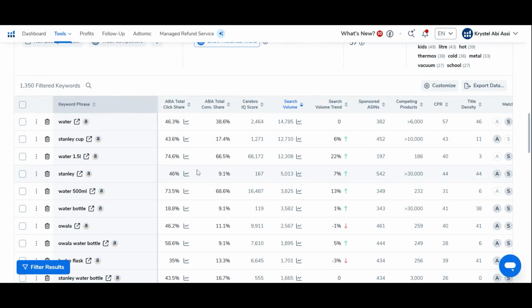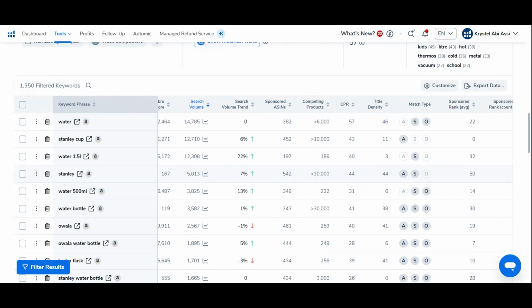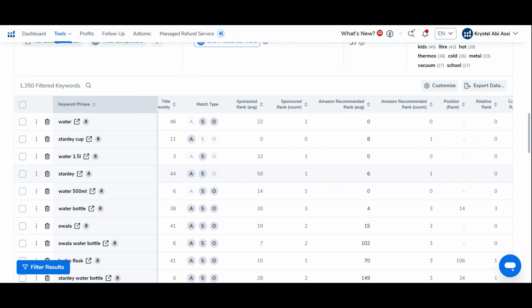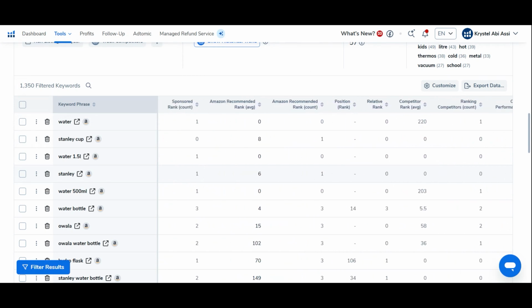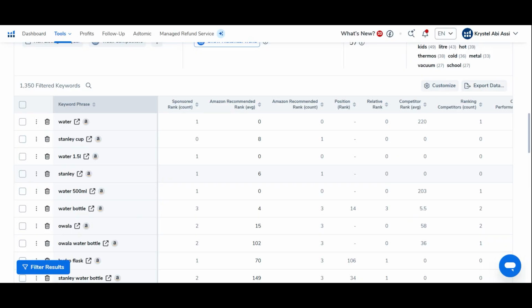2 things that we want to look at. We want to look at the search volume, and we want to look at where the products are showing up organically. Because I want to figure out, is the product getting some sales? So you're looking at positions here. As an example, we're looking at the Amazon recommended rank.